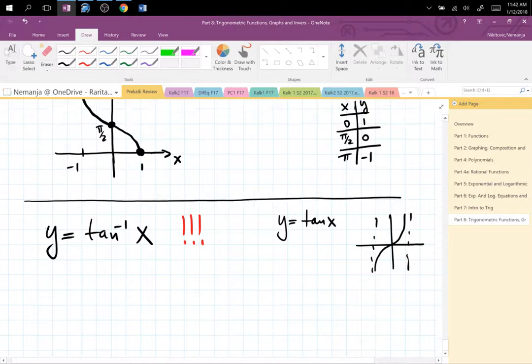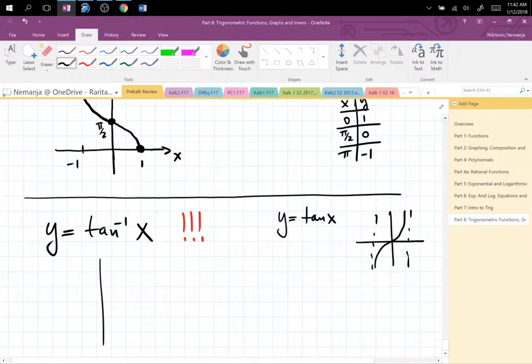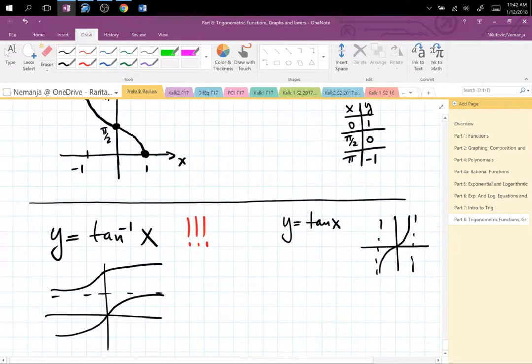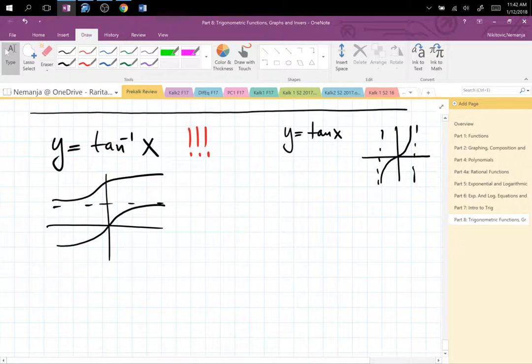And then we realize that if we are to draw the inverse and draw the first tangent, then there will be another one on top, there will be another one on the bottom. And clearly that would not be a function if you stack infinitely many inverse tangent graphs on top of each other. So again, we have to settle for one of these graphs.